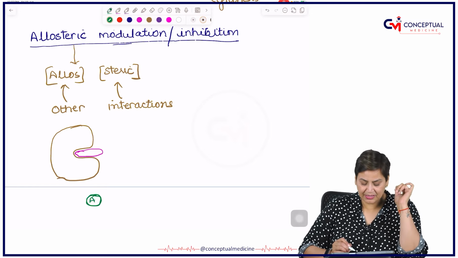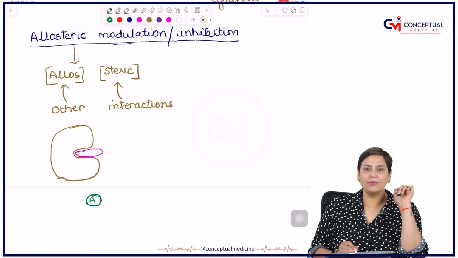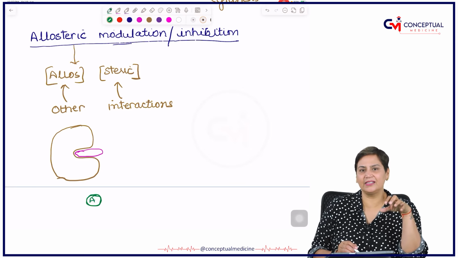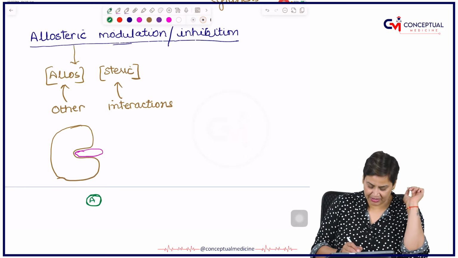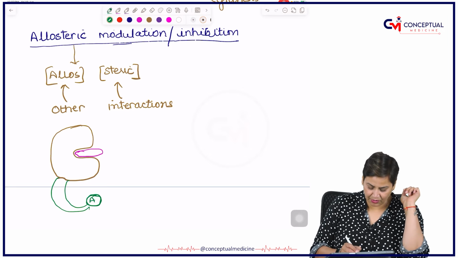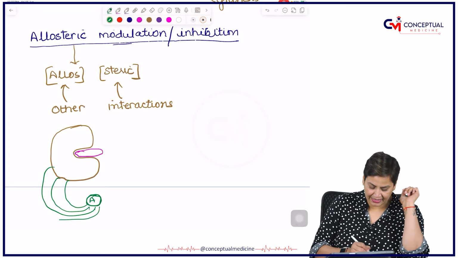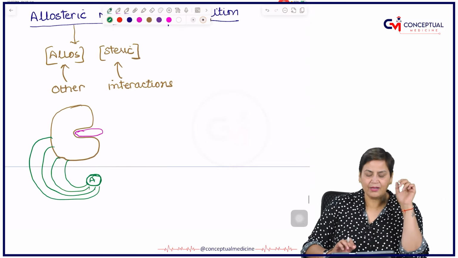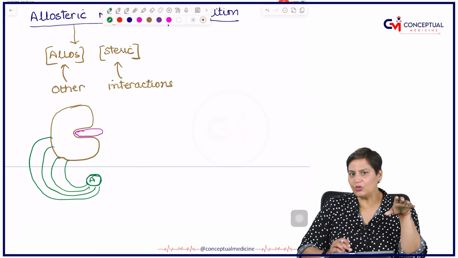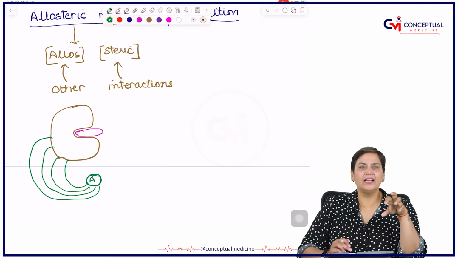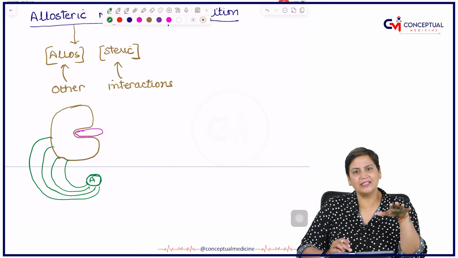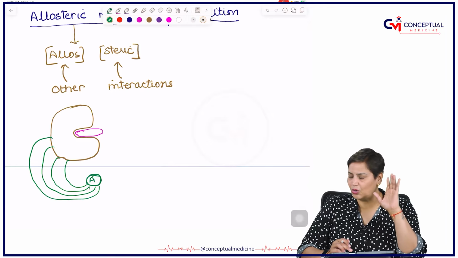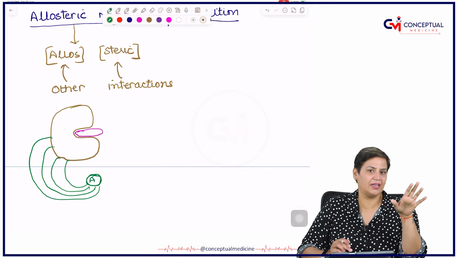What happens is, this allosteric modulator can bind this enzyme from anywhere it wishes, from here, from anywhere. So the allosteric modulator is going to attack any other region in the enzyme molecule irrespective of the active site. It will never disturb the active site.